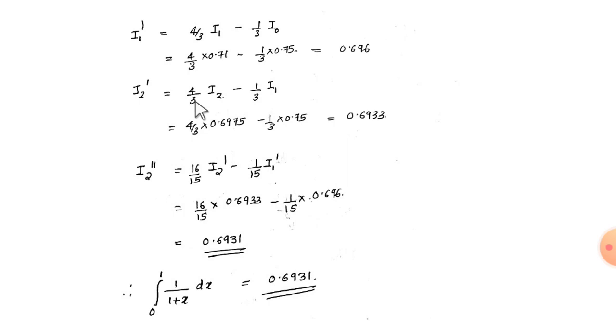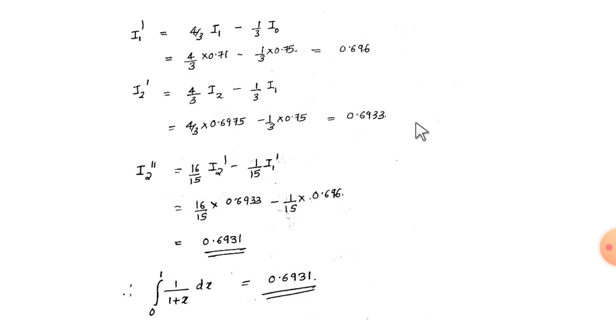Again, I2 dash is equal to 4 by 3 I2 minus 1 by 3 I1. The I2 and I1 values we have found earlier. Substitute those values and you will obtain 0.6933. After finding I2 dash and I1 dash, you have to find I2 double dash in order to obtain the value of the integral.